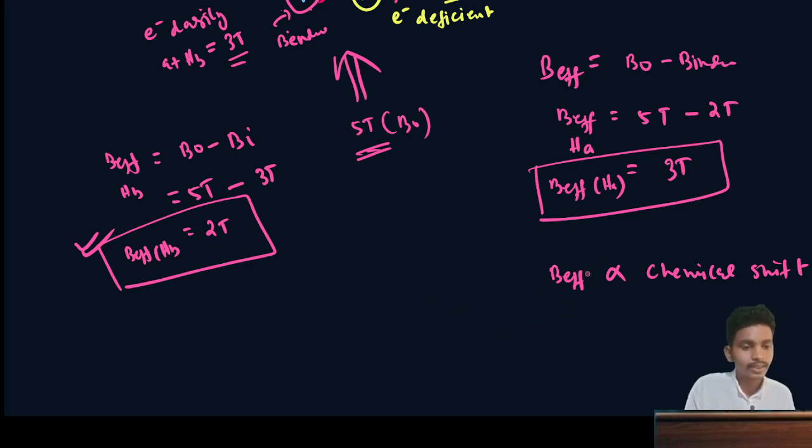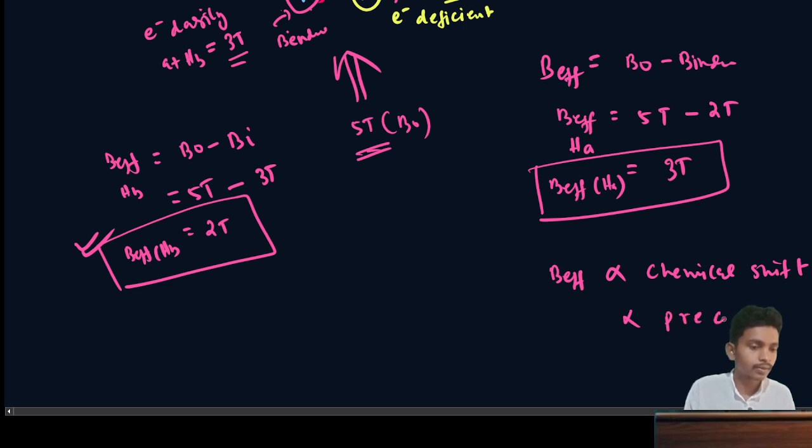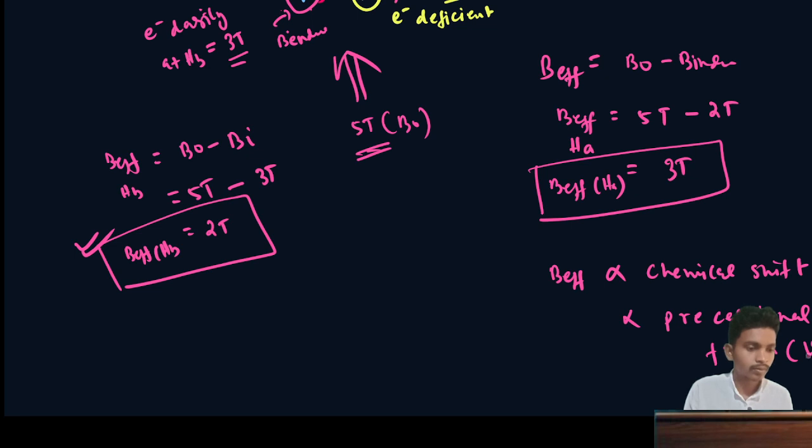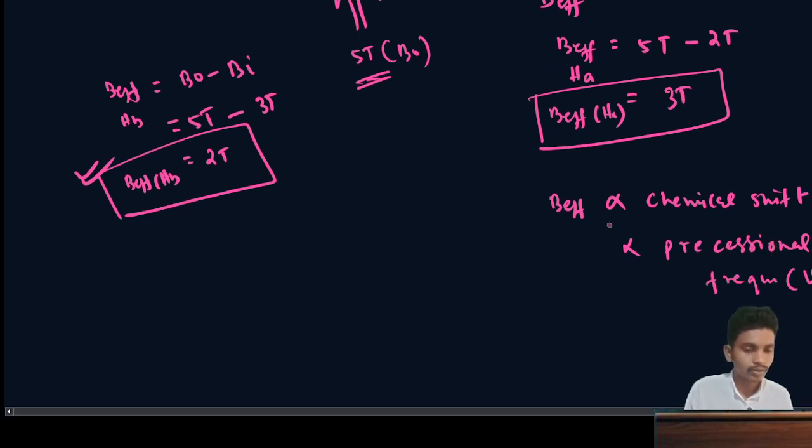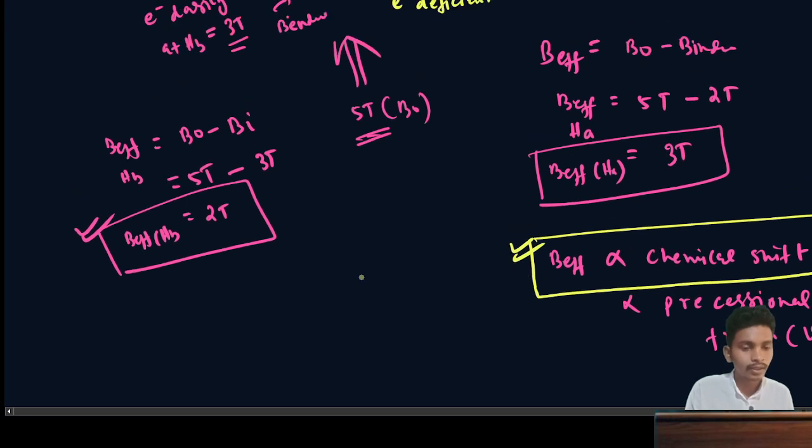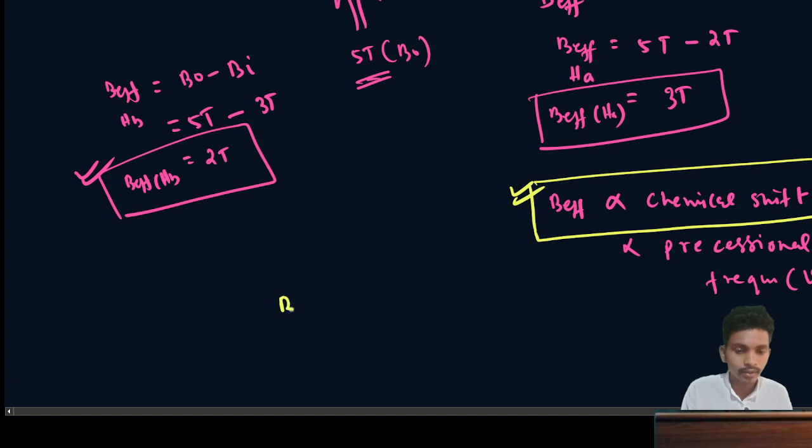If B effective increases, then the chemical shift value will increase. Now we can also say that this chemical shift delta is indirectly proportional to electron density.